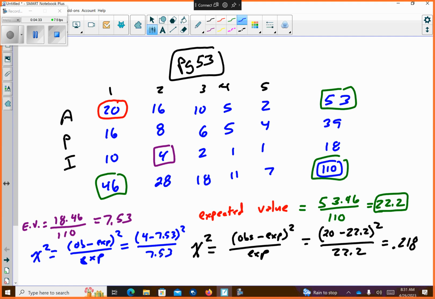So 4 minus 7.53, and then 3.53 squared divided by 7.53. So my chi-squared value of that particular one is going to come out to 1.65. Okay, so that's just generally how I had made the mistake, and I apologize.